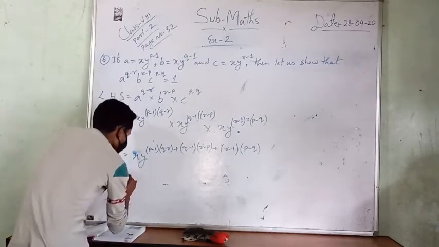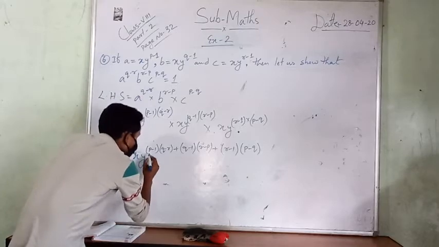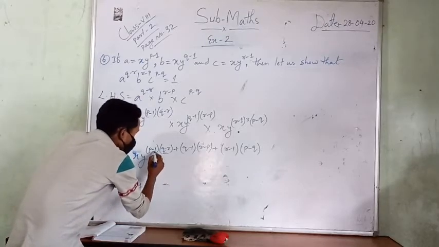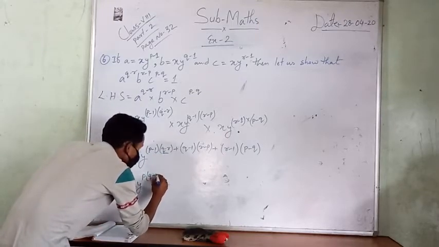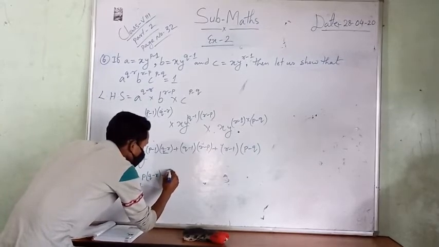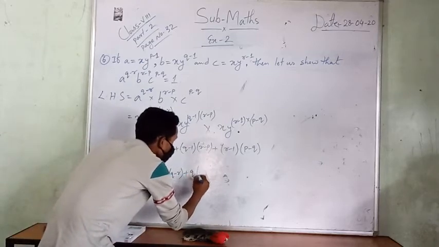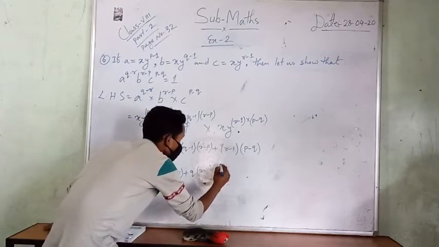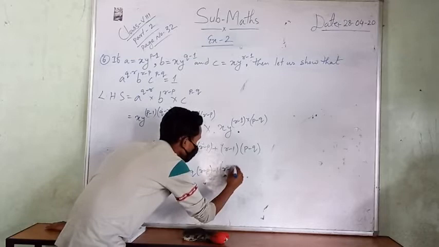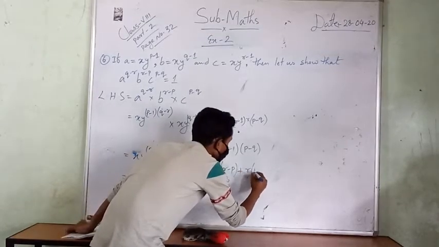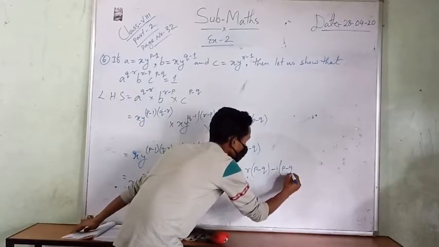Now we have to multiply the powers. P is multiplied with q minus r, and minus 1 is also multiplied with q minus r, plus q is multiplied with r minus p, then minus 1 is multiplied with r minus p, plus r is multiplied with p minus q and minus 1 is also multiplied with p minus q.